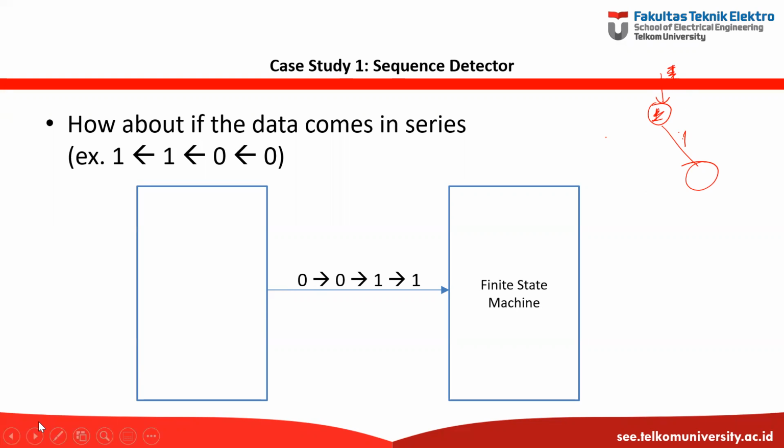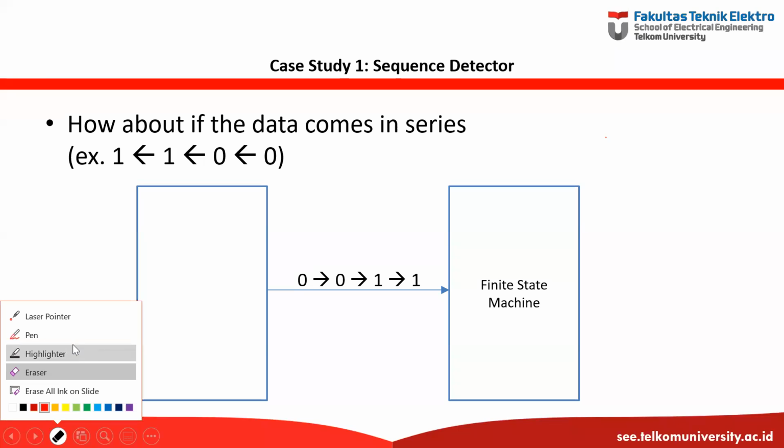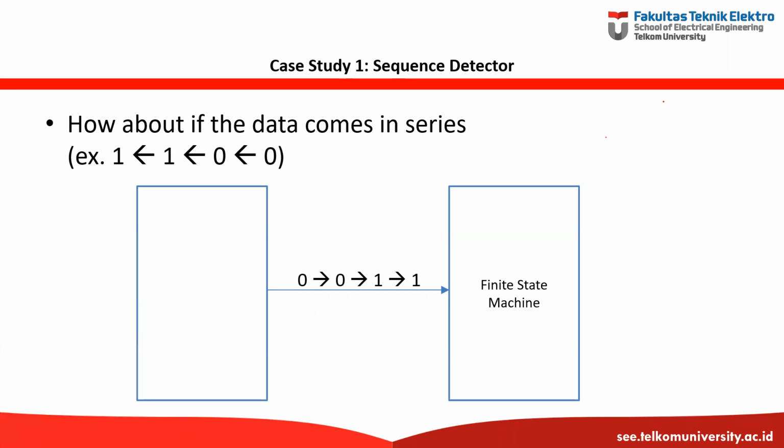Let's start from the beginning. Now, if the first input is 1, then it will move to this state. However, if the input is 0, it's supposed to stay here.